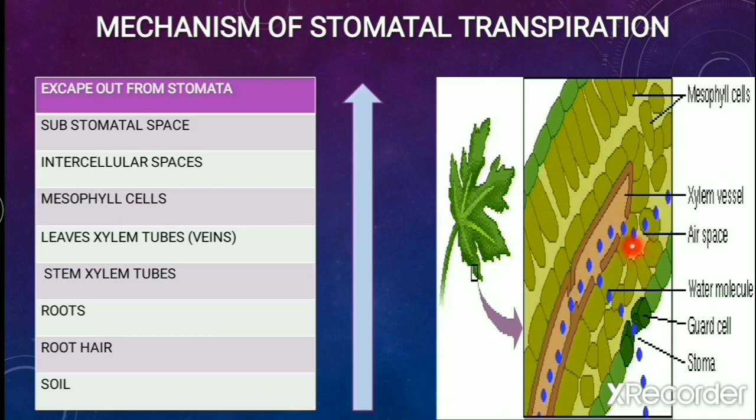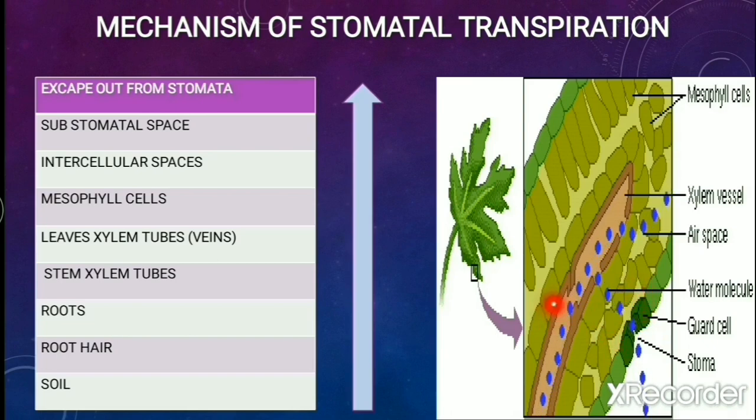The light green colored areas are the intercellular spaces, because mesophyll cells are parenchymatous cells and they have large intercellular spaces. From those intercellular spaces, the water will come into the substomatal space. What is the substomatal space? Just beneath the stomatal pore, the space is called the substomatal space.